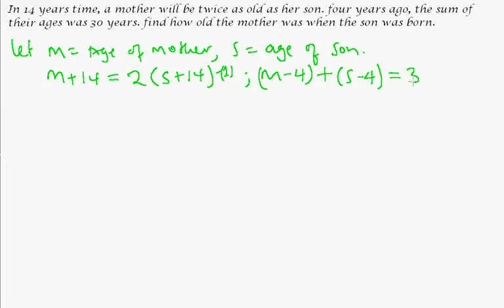You are told this one is equal to 30. So now we have two equations which gives us a kind of a simultaneous equation.